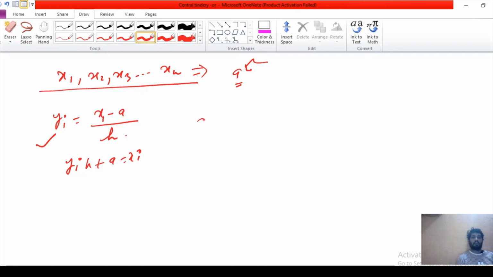Now the definition of mean is the sum of the multiplication of frequency and its data, divided by the sum of the frequency. Now replace xi by yi h plus a.